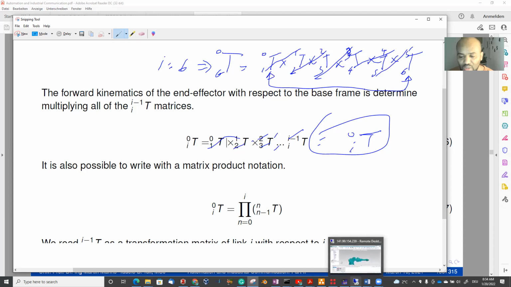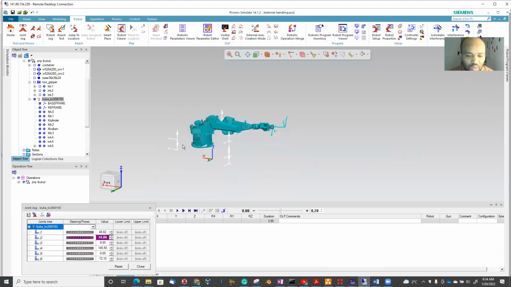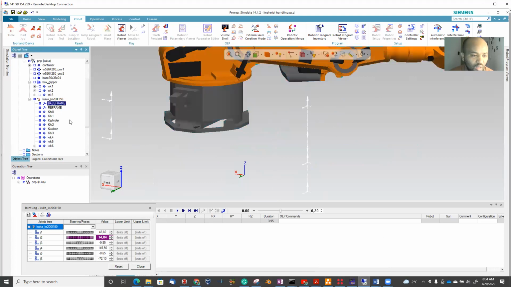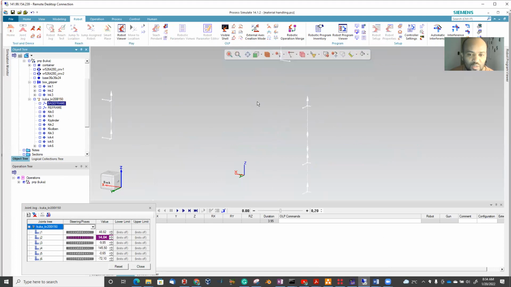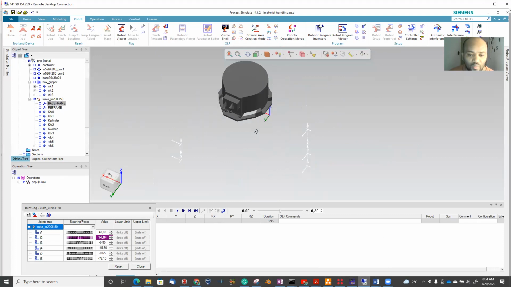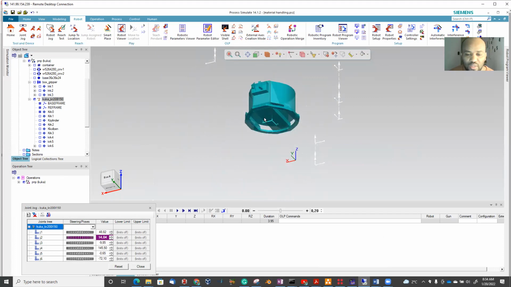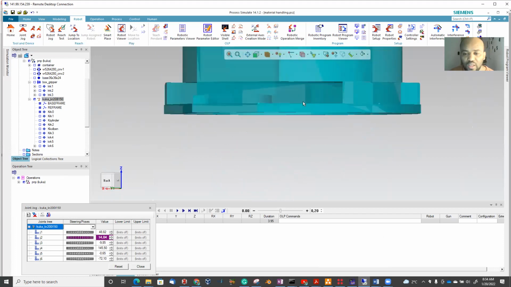So this means, in this case, you have the base frame, which is maybe the red point. Now you have this base frame, this guy.